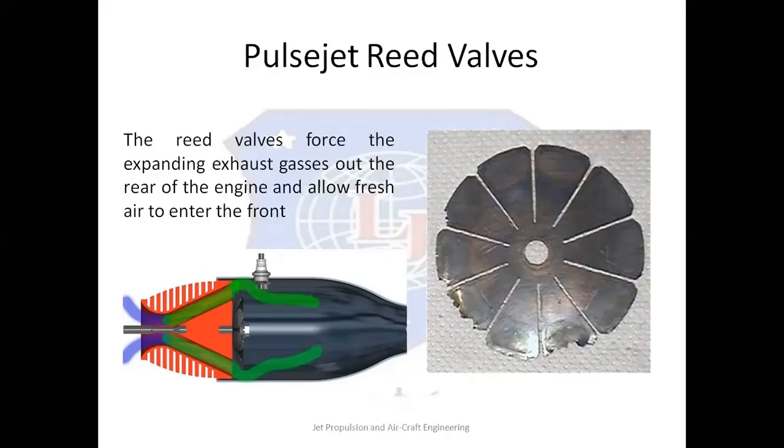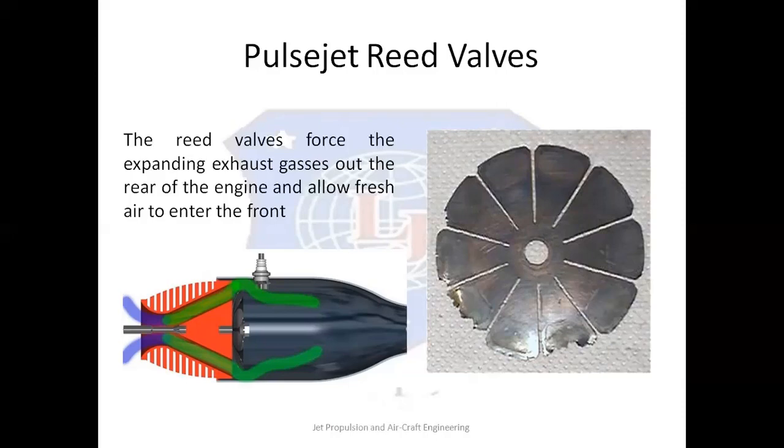As combustion takes place, the temperature and pressure of the combustion gases become higher as compared to the ram pressure, and hence the reed valve gets closed, and these high pressure hot gases exit through the exhaust nozzles, and high kinetic energy is generated since the area of the nozzles is gradually reducing, and that produces the forward thrust.